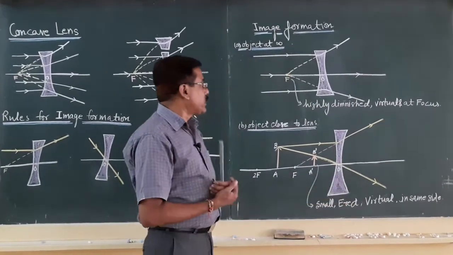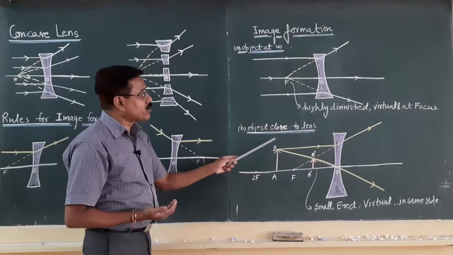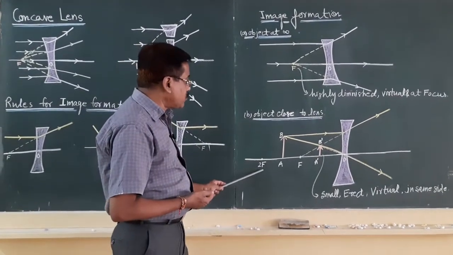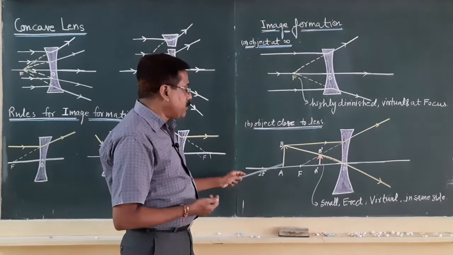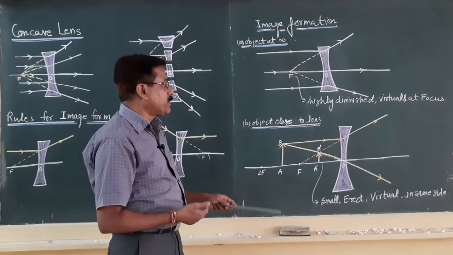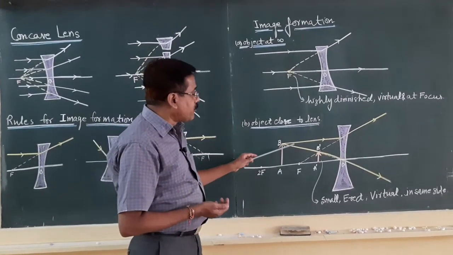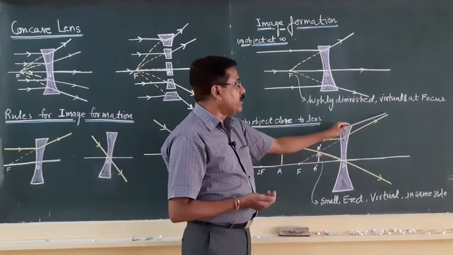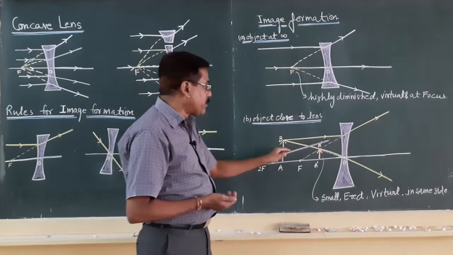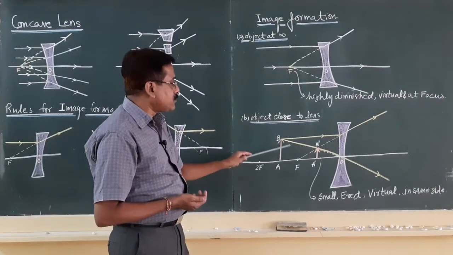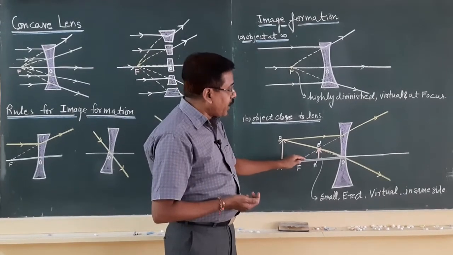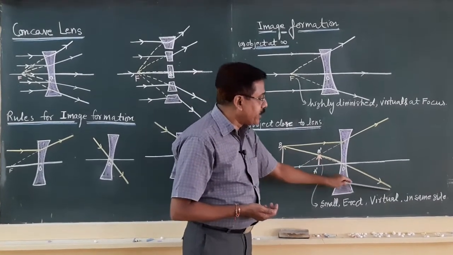But if you come to the second case, when the object is close to the lens, let the object be between 2f and f. AB is the object; image formation by the rules. If you apply the first rule, light parallel to the principal axis will diverge, appearing to come from the focus. A light ray from the object incident on the lens along the optical center is refracted without any deviation.